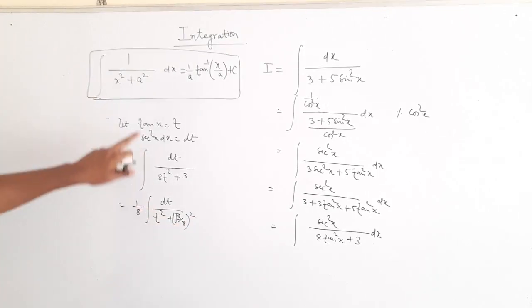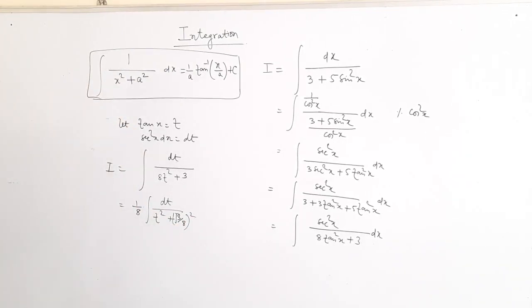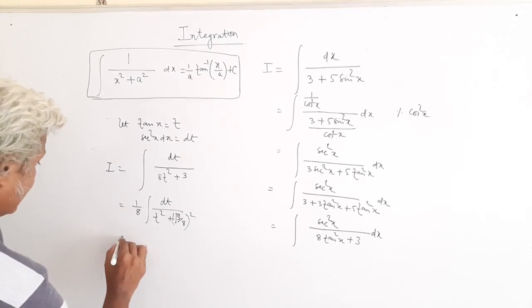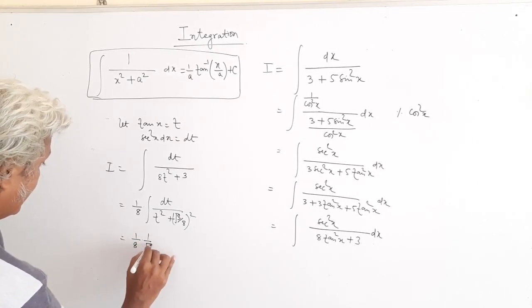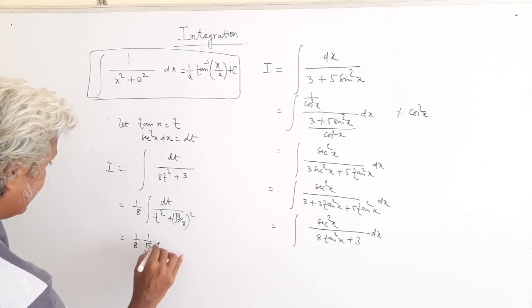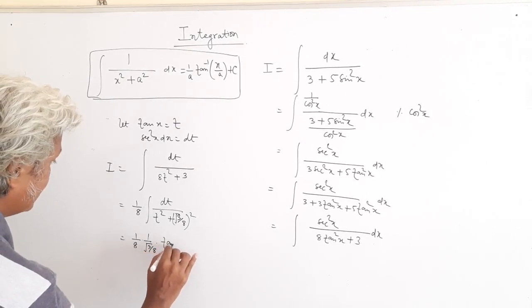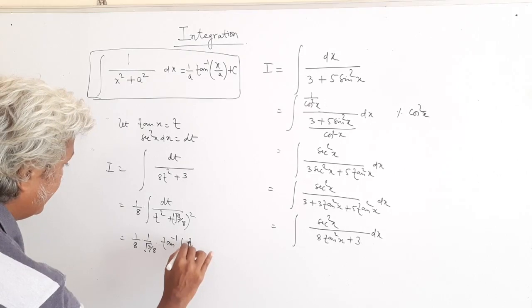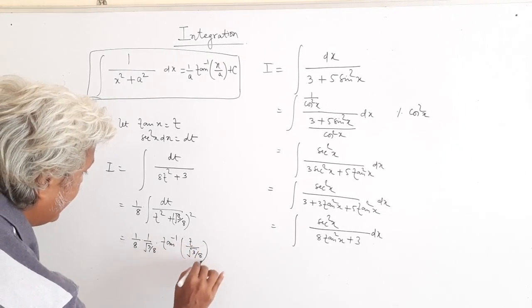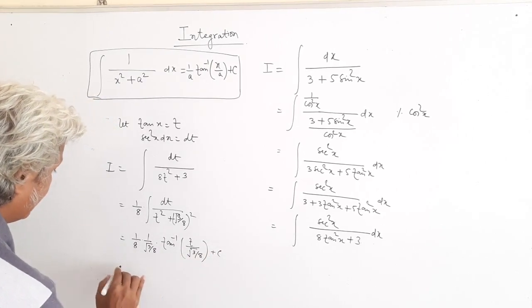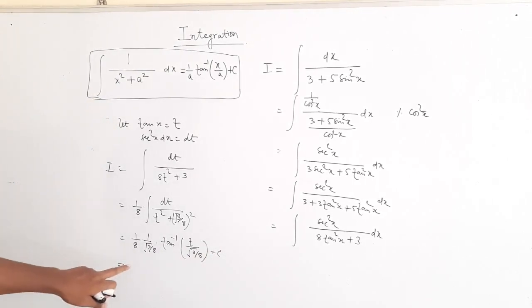Now here I get my perfect form, and then I can apply the formula directly. It goes like 1 by 8 into 1 over root 3 by 8 into tan inverse of t over root 3 over 8, plus c.